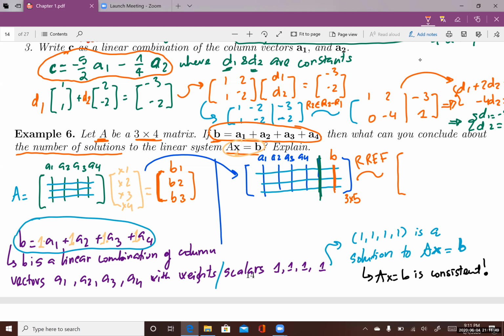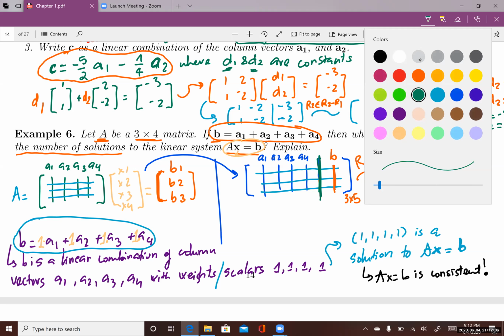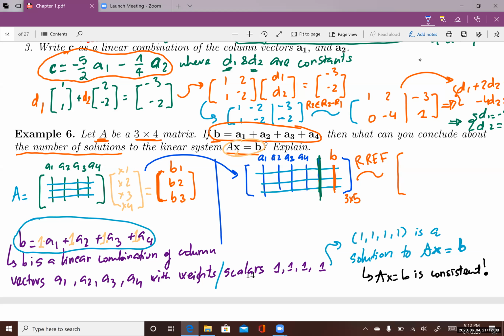So since I have 3 rows, I have at most 3 pivot columns.